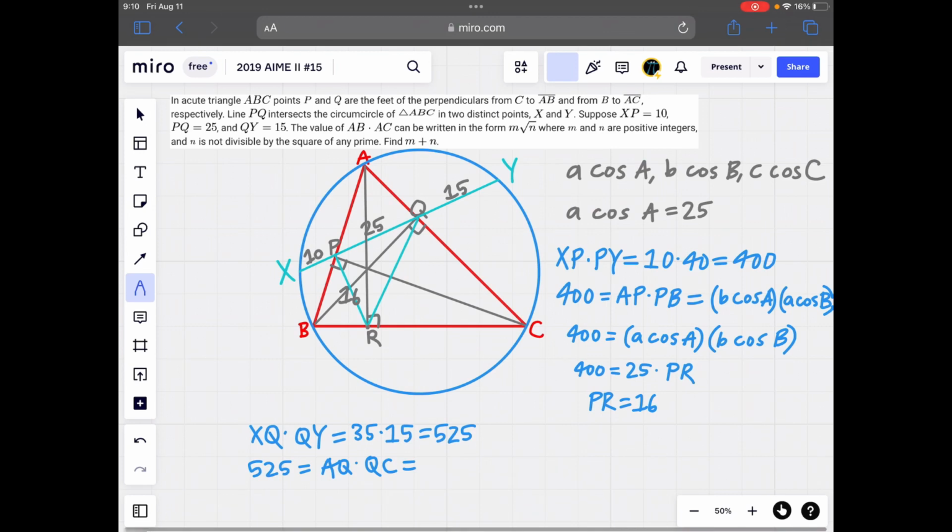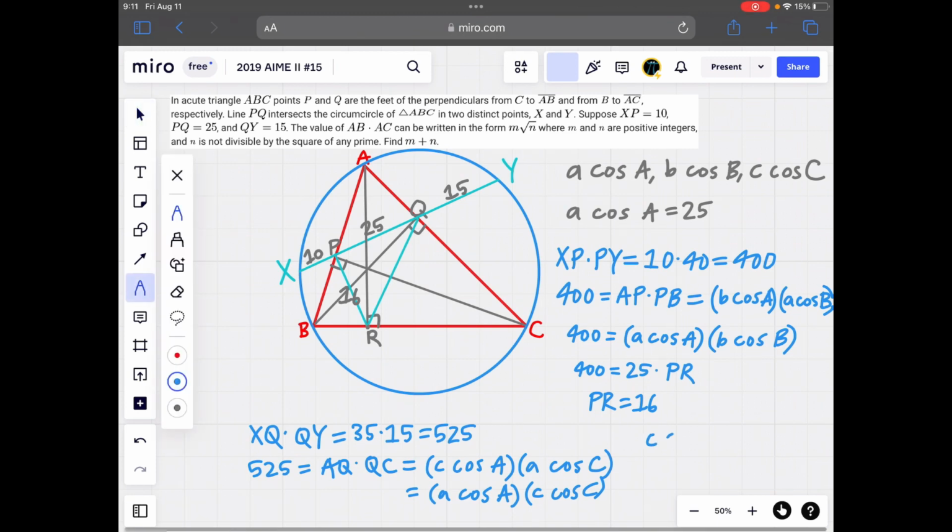And AQ, using right triangle AQB, that's just AB times cosine A. And that's just c cosine A. And similarly, QC is going to be a cosine C. So rearranging, this is equal to a cosine A times c cosine C. And now we know a cosine A is 25, so c cosine C is 525 over 25, which is just 21. And that's equal to QR. So we can write QR equals 21.